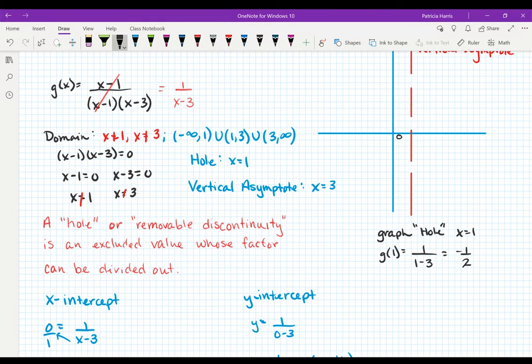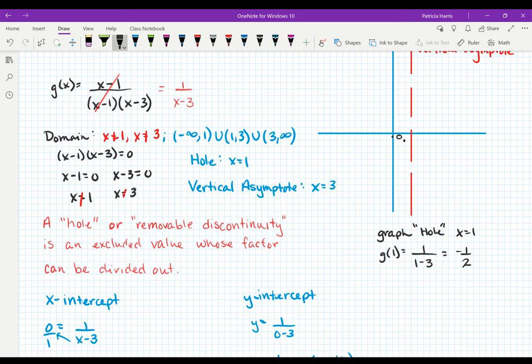The next thing I'm going to graph is our y-intercept. Our y-intercept happened at negative 1/3. It's about right there. Remember, this is a sketch. Now, if you want to, you can run a table. I would probably plug in the value 2, and value 2 would give you a negative 1.